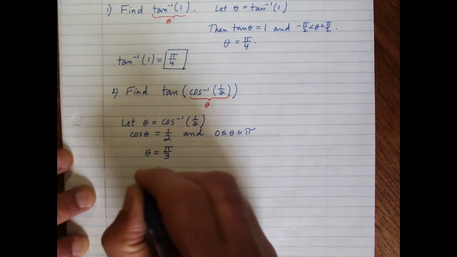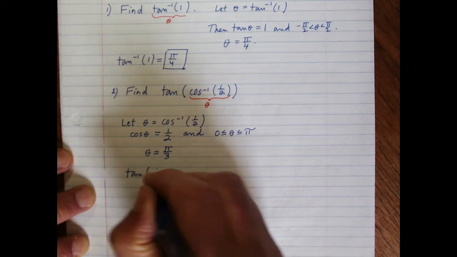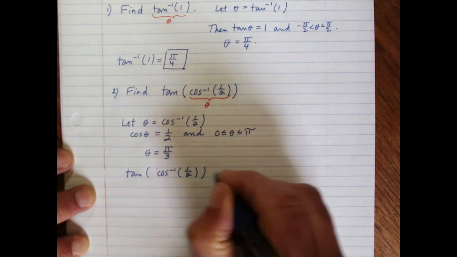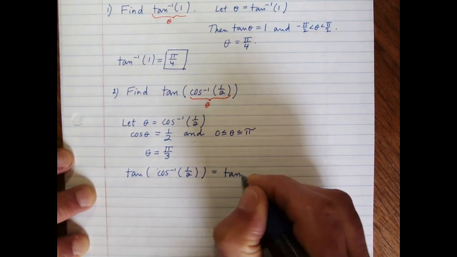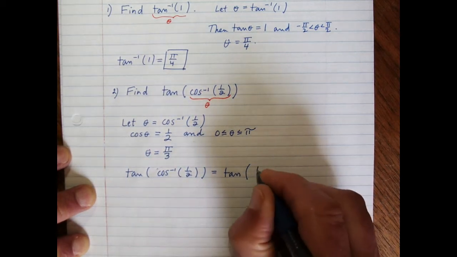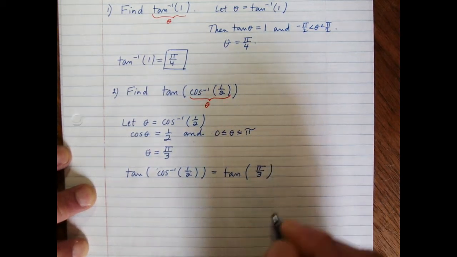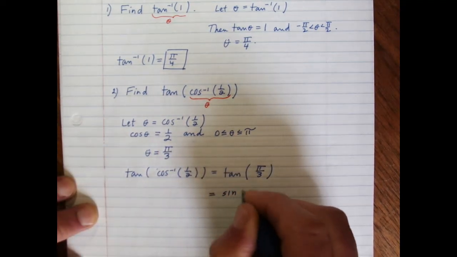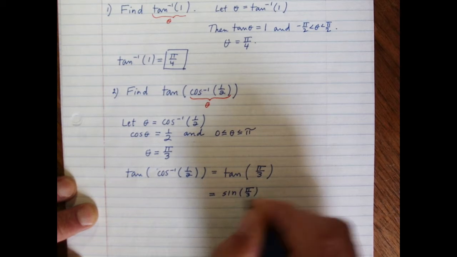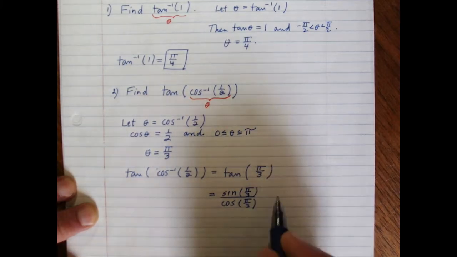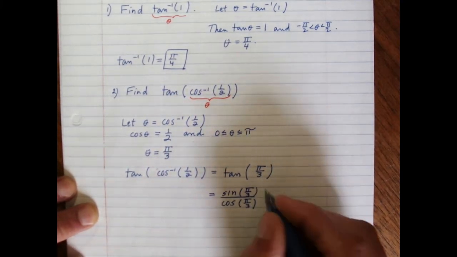So tangent of cosine inverse of 1/2 is our theta value, pi over 3. That's just tangent of pi over 3. Well, that's sine of pi over 3 over cosine of pi over 3. This is just a good old-fashioned problem from earlier in the course now, once we get beyond that inverse cosine step.